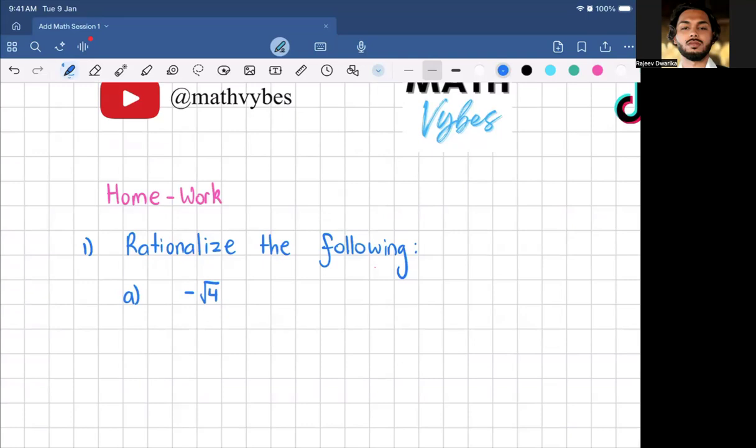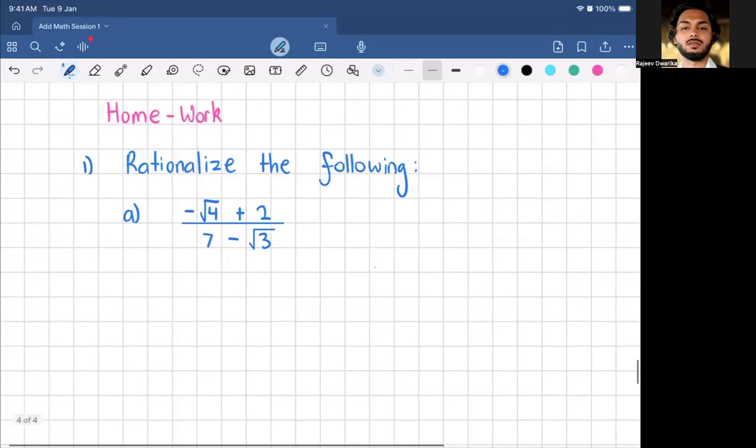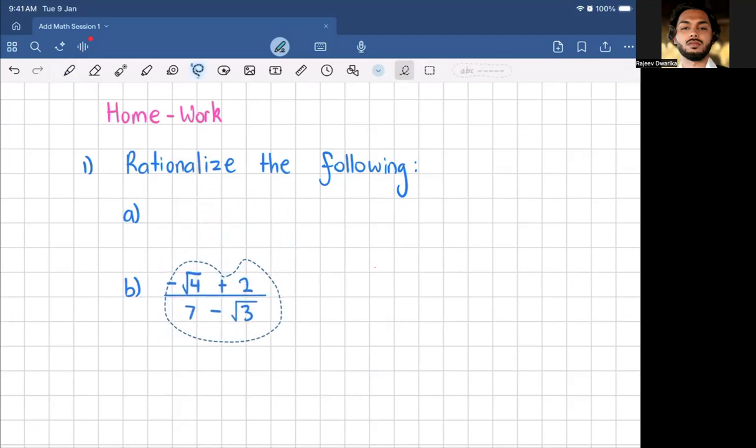Guys, could we find the square root of a negative number? Yes or no? Yeah, you can't do that. Okay, I can't find the square root of a negative number. You know why?